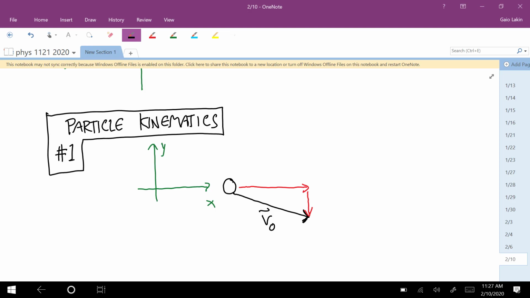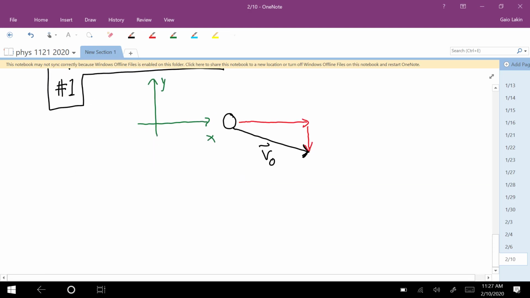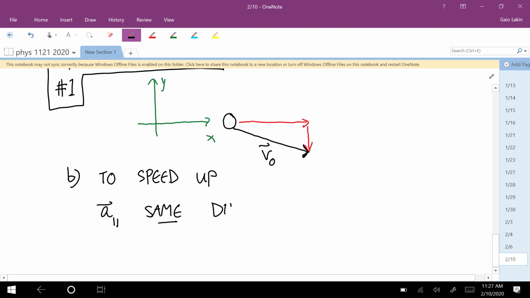So the parallel part of this acceleration, does that have to be in the same direction as V0 or the opposite direction? Yeah, so for part B, to speed up, A parallel needs to be in the same direction as V0.